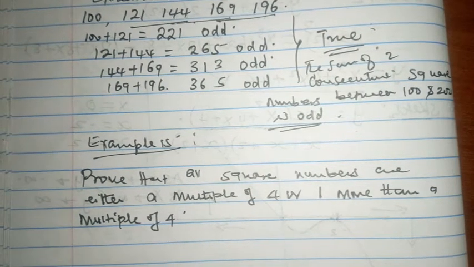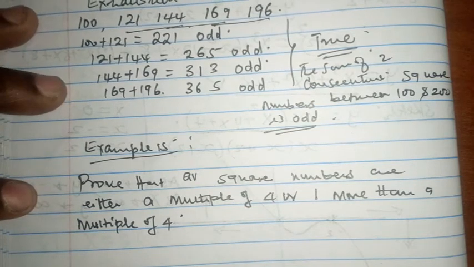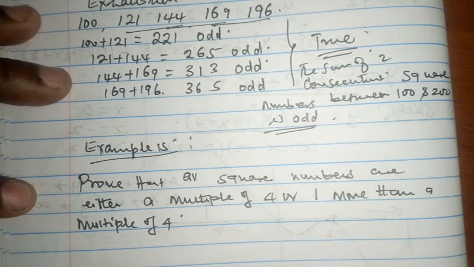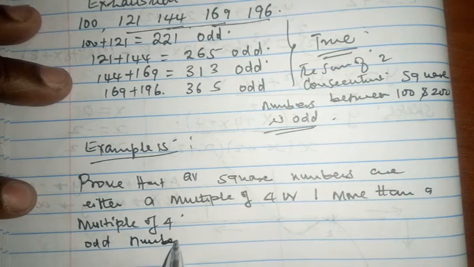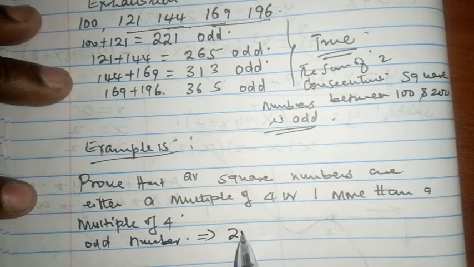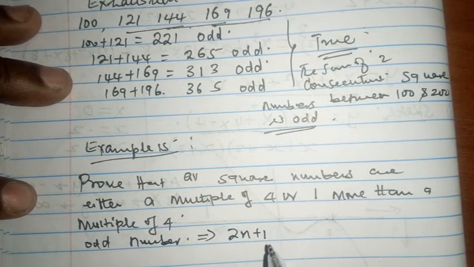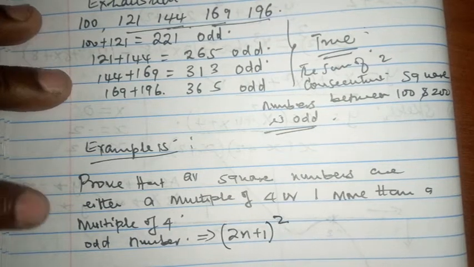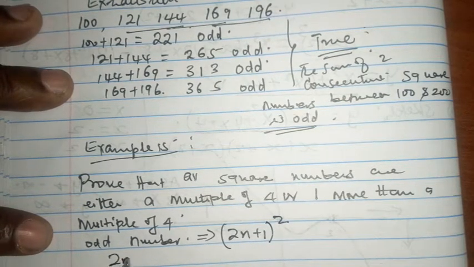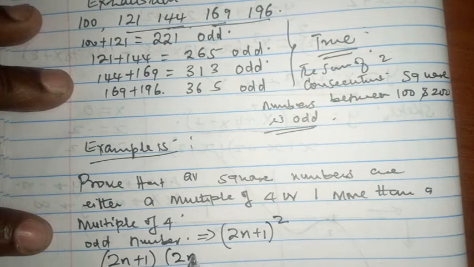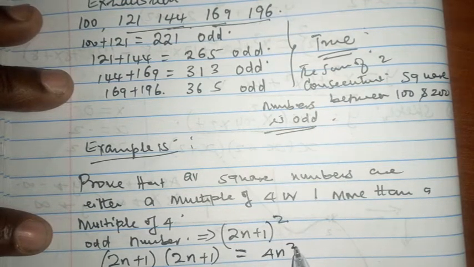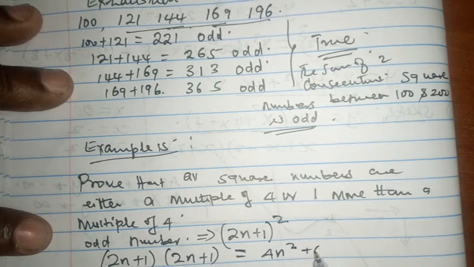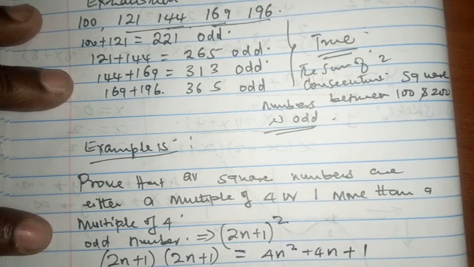We first need to say: is that number odd or even? Let's start with an odd number. 2n plus 1, whatever the value of n, is an odd number. If you square this, you have (2n plus 1)(2n plus 1). Opening the brackets, 4n squared plus 2n plus 2n plus 1, which is 4n squared plus 4n plus 1.